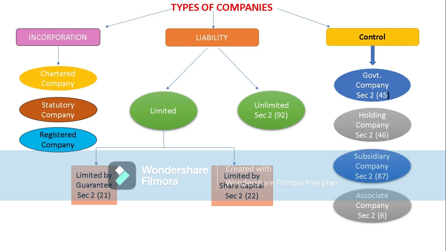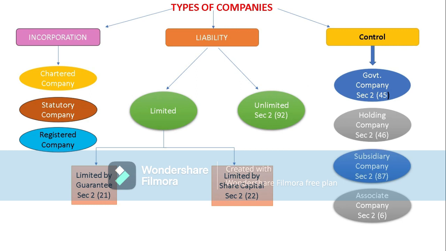It means that more than half of the share capital will be with the holding company only, and control over the composition of the board of directors will also be with the holding company. The majority of directors will be appointed by the holding company only. So basically, a holding company is the company which has majority shares over another company.